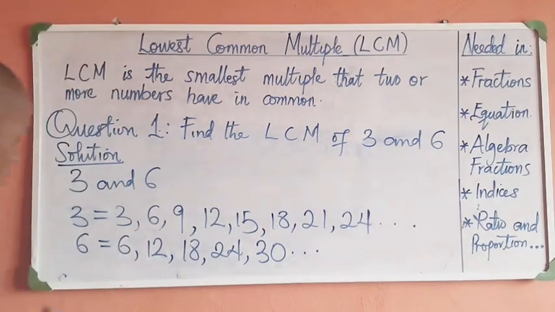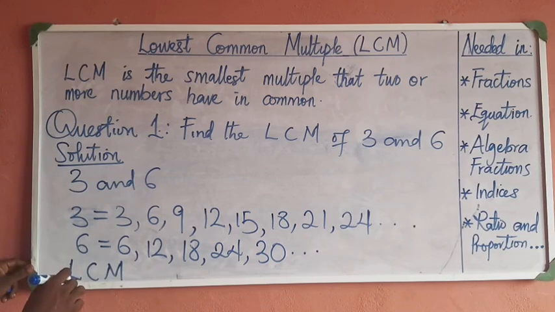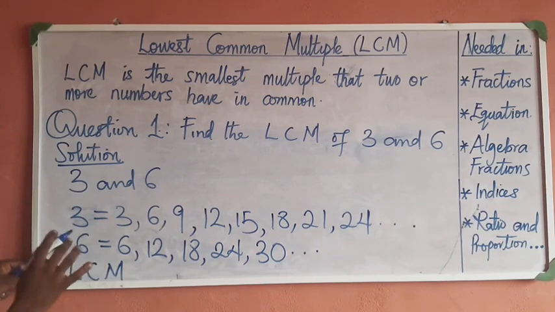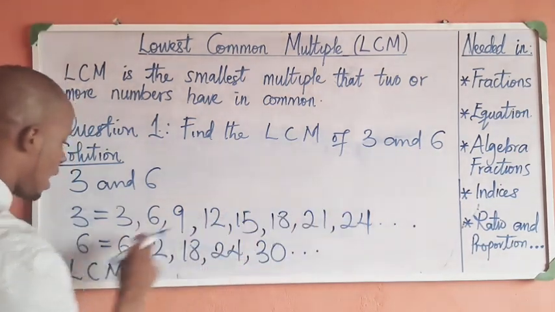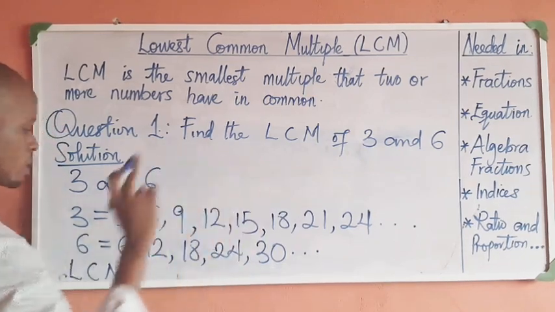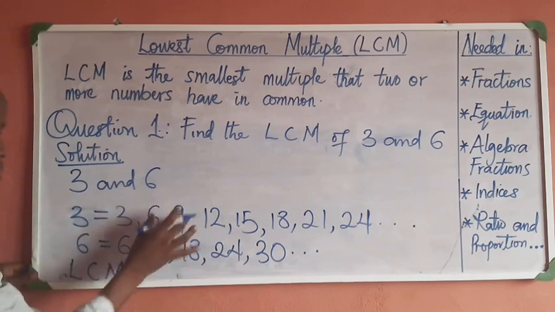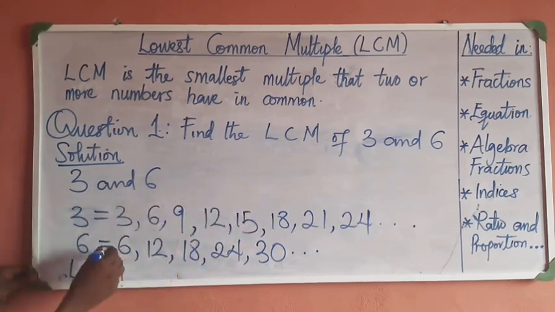What am I looking for? I'm looking for the lowest common multiple. That means I'm looking for, among the multiples here and the multiples here, the smallest common multiple. What are the numbers that are common to the two sets of listed multiples?